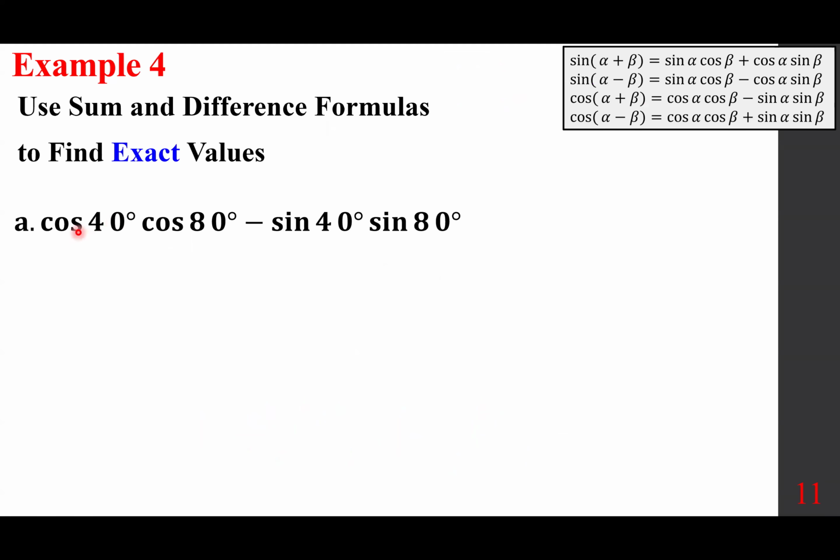We want to find the exact value of cosine 40 cosine 80 minus sine 40 sine 80. So cosine alpha cosine beta minus sine alpha sine beta is cosine of alpha plus beta, cosine of 40 plus 80, which is cosine of 120 degrees.